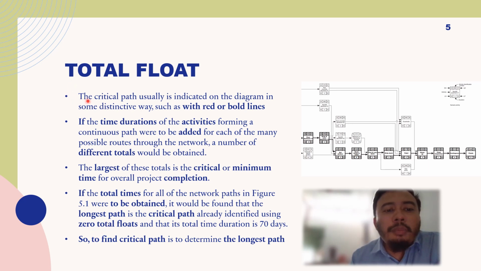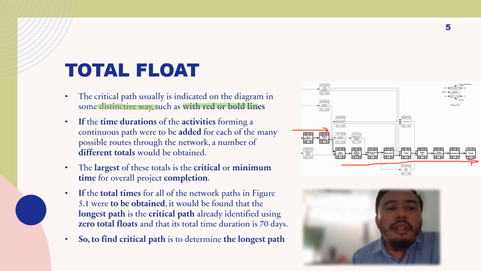The critical path is usually indicated in the diagram in some distinctive way. You want to highlight the path, so usually we use red or bold lines, as you can see here. The path here is a bold line up until here.